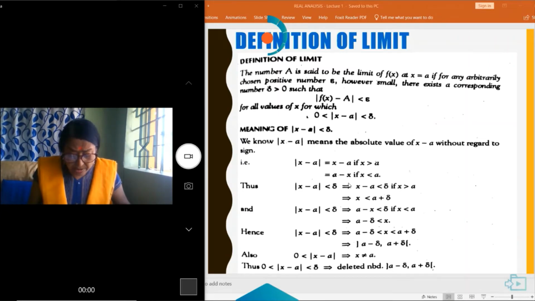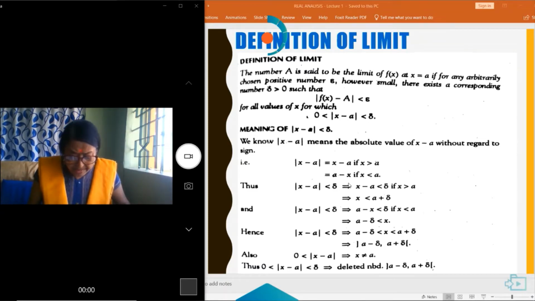So when modulus of x minus a is less than delta, that means x minus a is less than delta if x is greater than a, which can be written as x is less than a plus delta. And a minus x is less than delta if x is less than a, which can be written as a minus delta is less than x.